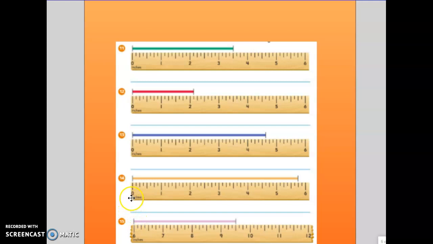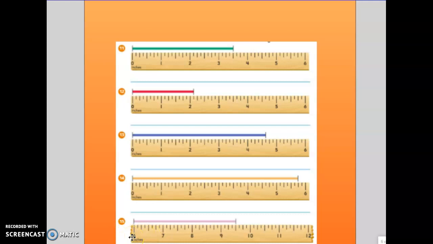For number 15, we're counting well above 5. So it's the whole number 5, and every tick mark is 1/8. 1/8, 2/8, 3/8, 4/8, 5/8, 6/8. The orange line shows 5 and 6/8. And the last one. Now, this is the second half of the ruler.